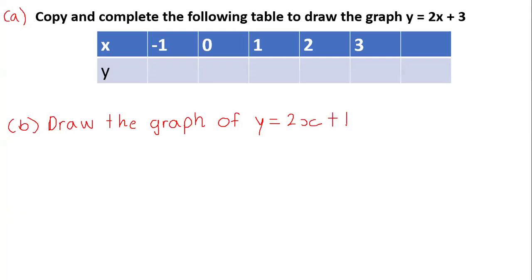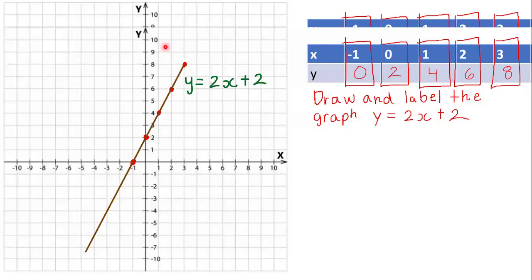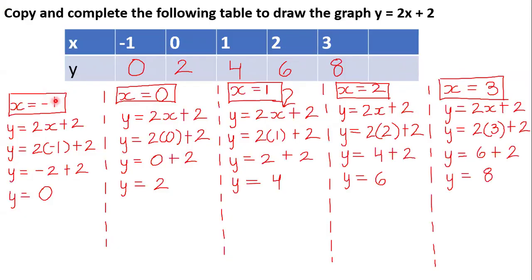Johnny, can you hear me? We have to substitute, just like how we did here. We substitute negative 1 into the equation. That's how we are going to solve for each one.